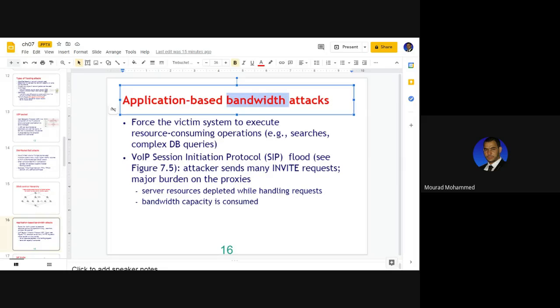So this bandwidth is dedicated to all the flow: the downlink, the uplink, the voice-based communications. All of them are covered under the title bandwidth.